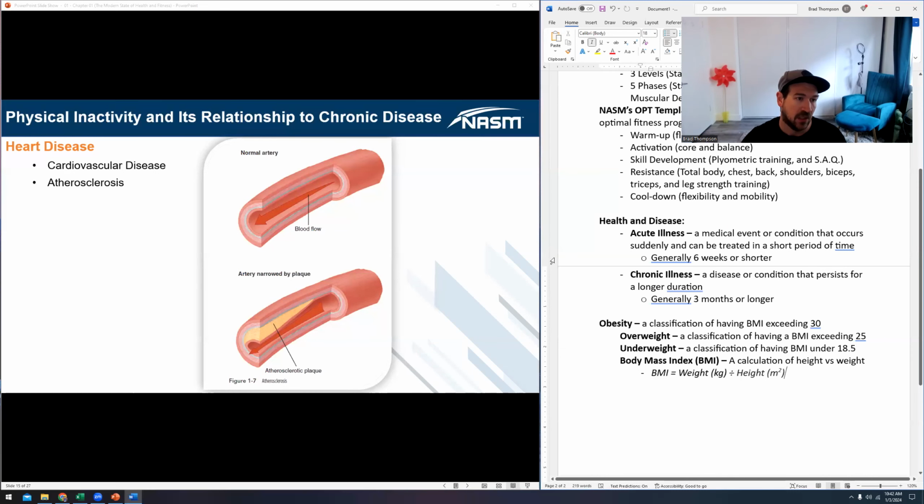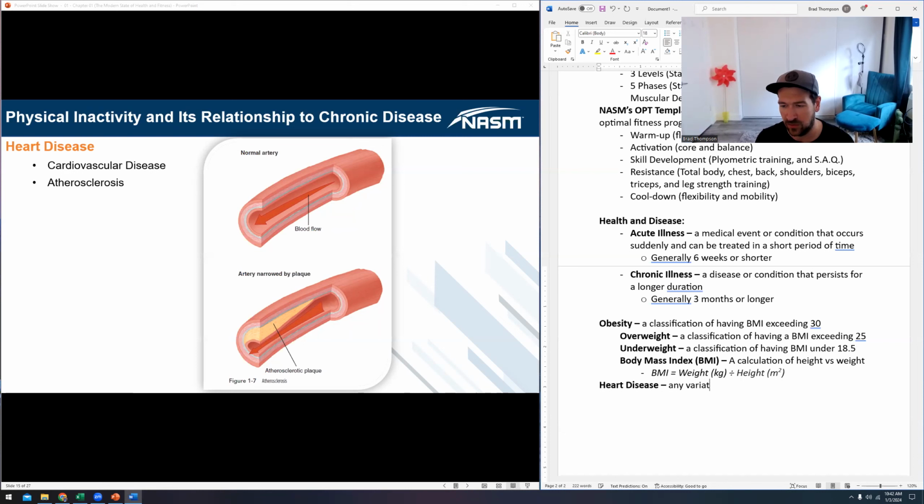So there it is. So then we also see heart disease, right? As sort of our next general condition here. This is going to be any variation of chronic cardiovascular disease or atherosclerosis.